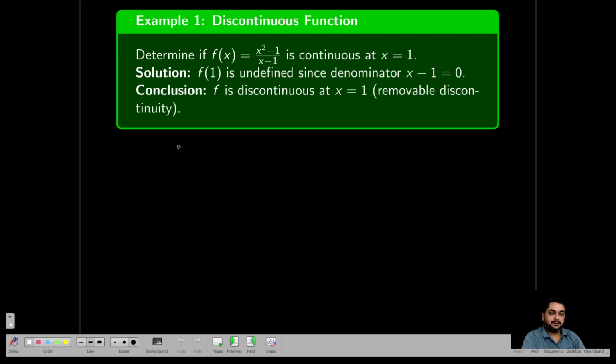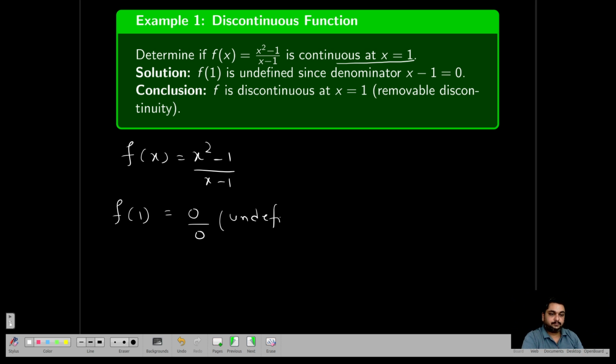Let us take some examples and then test. Let us say they are given f of x equal to x square minus 1 divided by x minus 1. They are asking you to check whether this curve is continuous at x equal to 1. At x equal to 1, I will get f of 1 equal to 0 by 0. So this is undefined. So the first condition, that f of A should exist, fails.